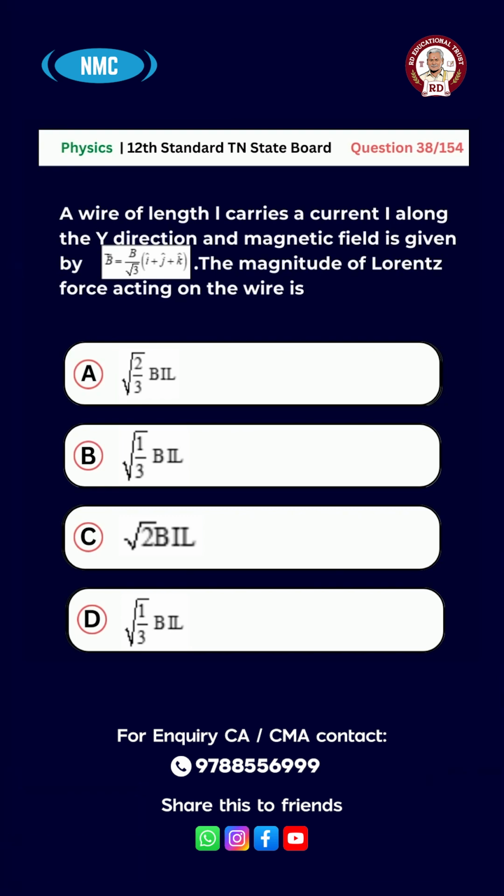The magnitude of the Lorentz force acting on the wire is: option A, root 2 by 3 B I L; B, root 1 by 3 B I L; C, root 2 B I L; D, root 1 by 3 B I L. The right answer is option A, root 2 by 3 B I L.